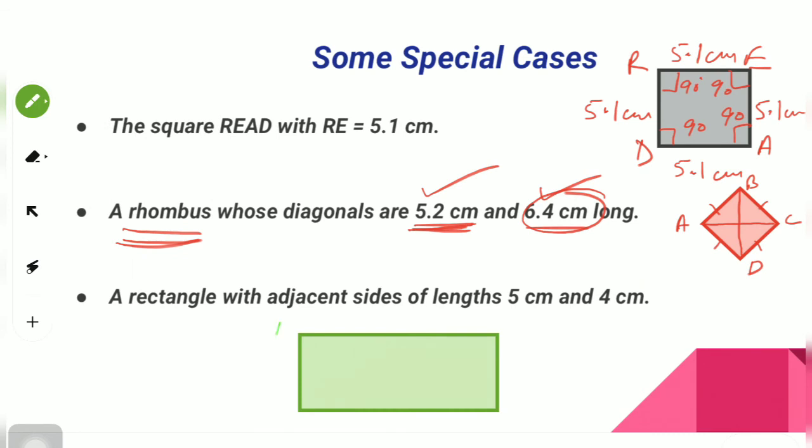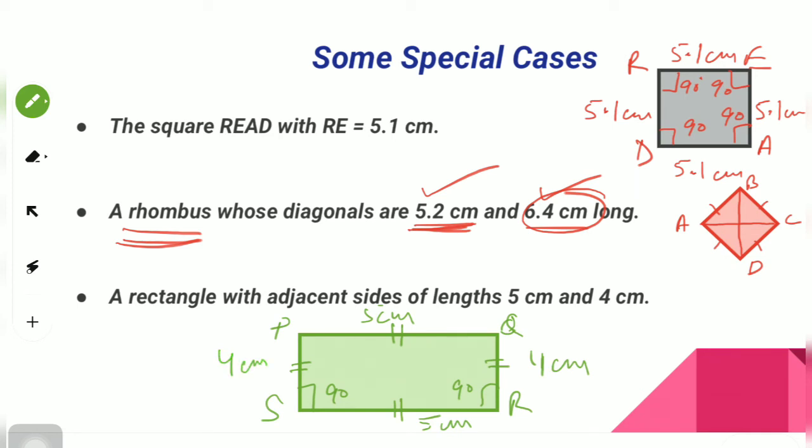Suppose this is a rectangle PQRS, then opposite sides are equal and parallel to each other, and all four angles are of 90 degrees each. So if one side is given as 5 centimeter, then the opposite side will also be 5 centimeter, and if the breadth is given as 4 centimeter, then the opposite side of QR will also be 4 centimeter.